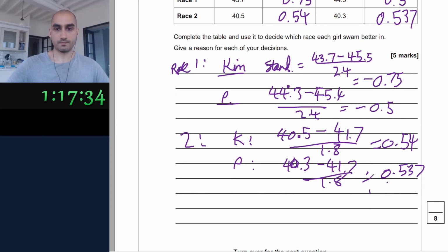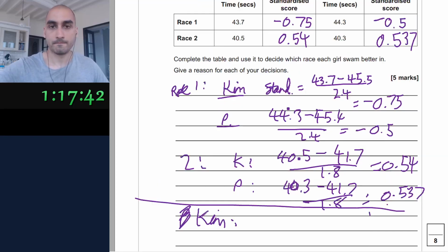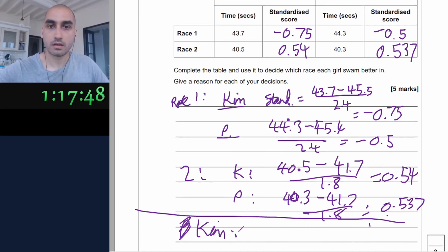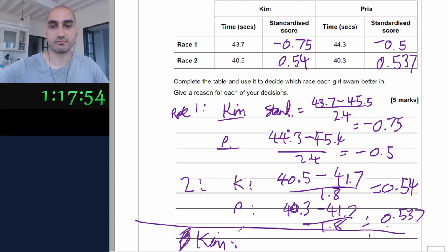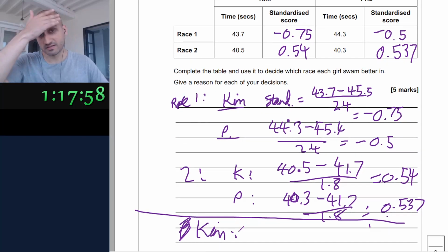Okay, so start with Kim. So she did better in race 1. No, sorry. They both did better in race 2 by far, because it's positive, not negative.